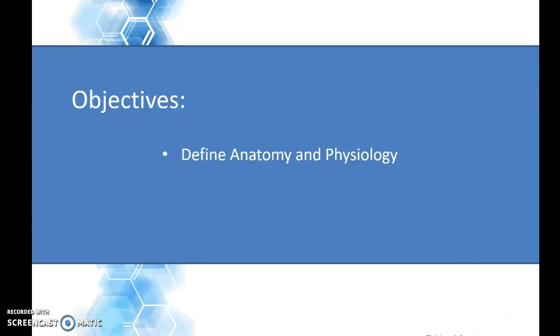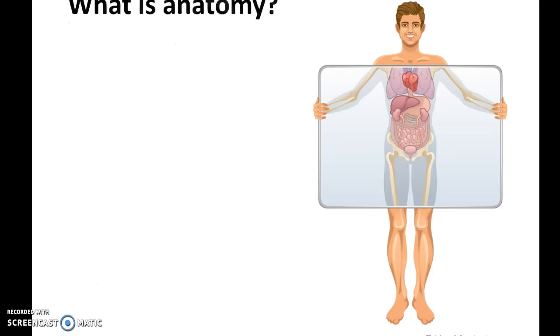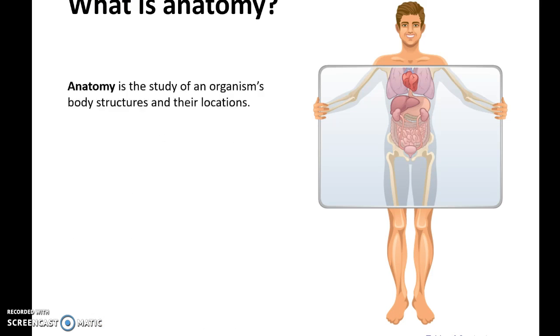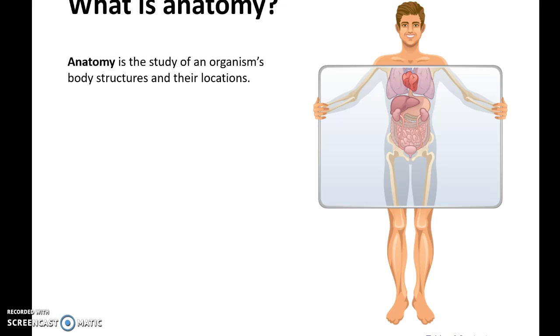So, most of this should be review for all of you. You should have all seen this, whether it be health science or diagnostics or medical therapeutics. Okay? So, anatomy. Define anatomy. Anatomy is the study of the organism or the body structures and their location.